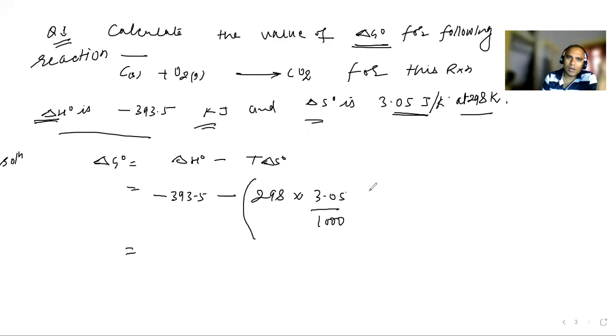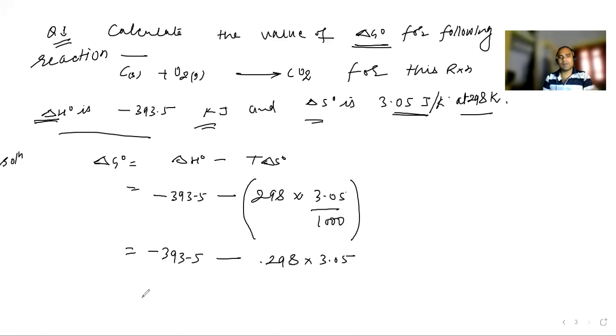So minus 393.5 minus, if you multiply 298 by 3.05, it is coming negative 394.4 kilojoule per mole of CO2.